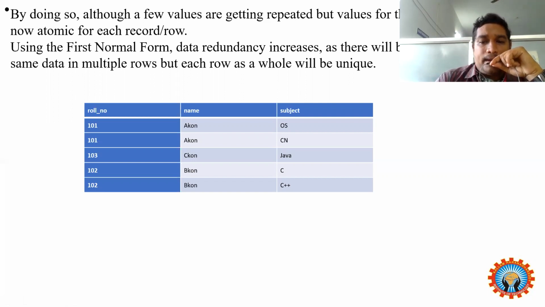By using the first normal form, data redundancy will automatically increase, as there will be many columns with the same data in multiple rows, but each row as a whole will be unique. This is the process of first normal form.